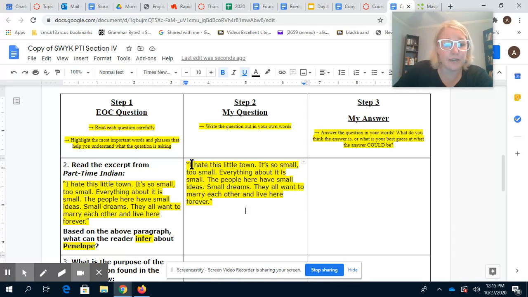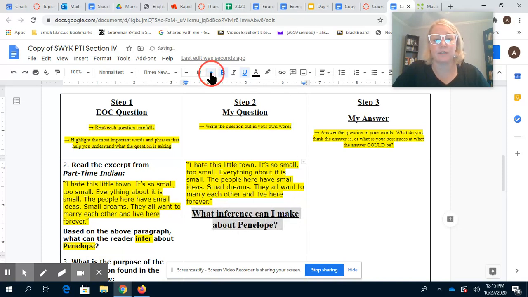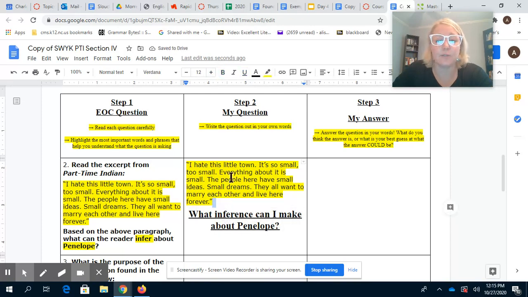But based on that whole quote, what inference can I make about Penelope? I don't know why that's so small. That's okay. We'll just make it a little bit bigger. And then I know it's based on that quote, no need to write that down. So I've got the quote, and then I have to make a logical inference about Penelope based on that quote.